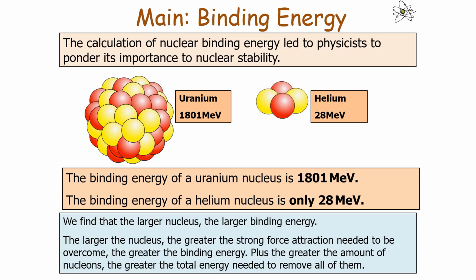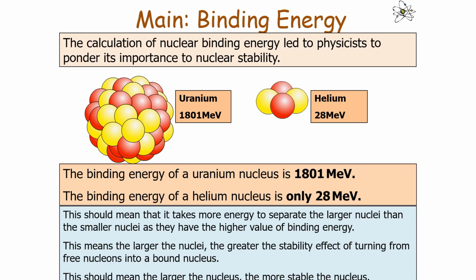Well, we find this is the case because the larger the nucleus, the greater the strong force attraction needed to overcome, so therefore the greater the binding energy. In addition, a larger nucleus means there's a greater amount of nucleons, so you'll need a greater total energy to remove all of them.